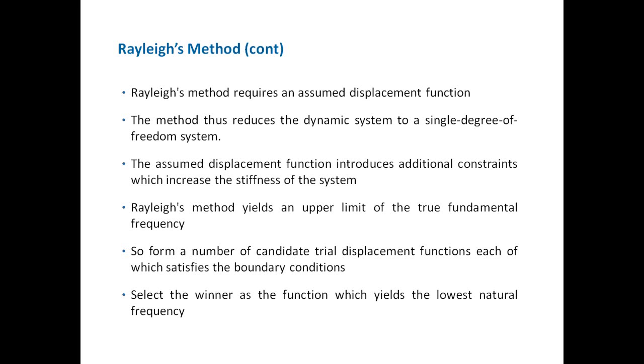Then our most accurate mode shape from all those candidates, in other words, the winner, will be the one which yields the lowest natural frequency. And by applying some engineering judgment, we can make that work.